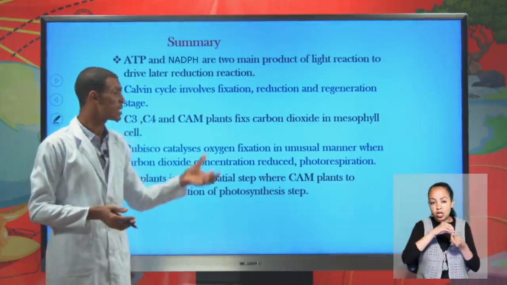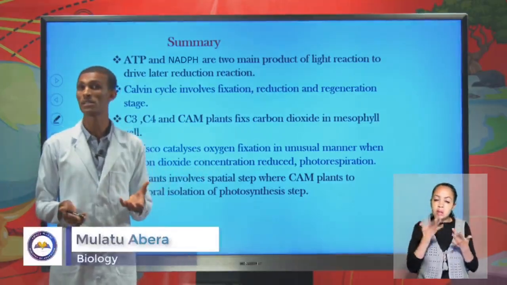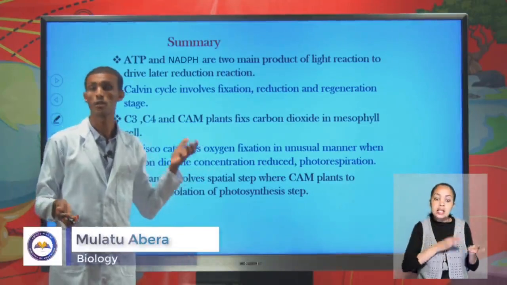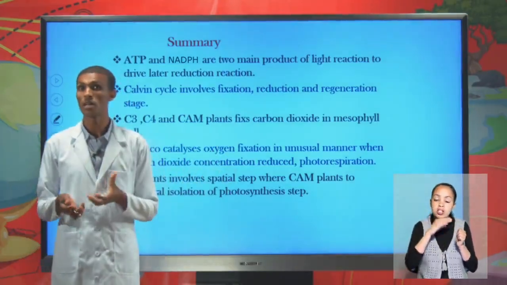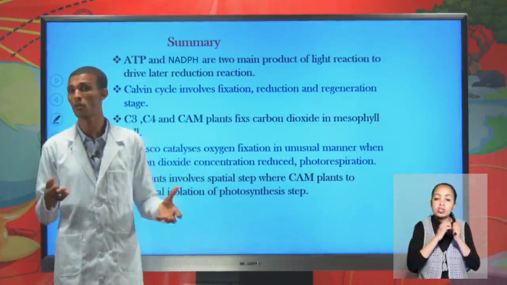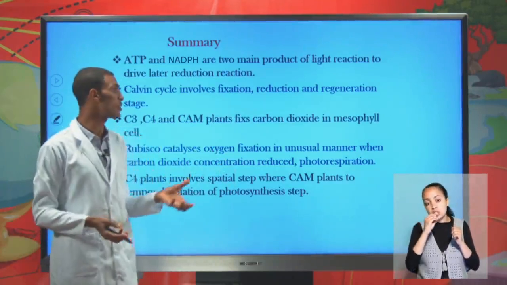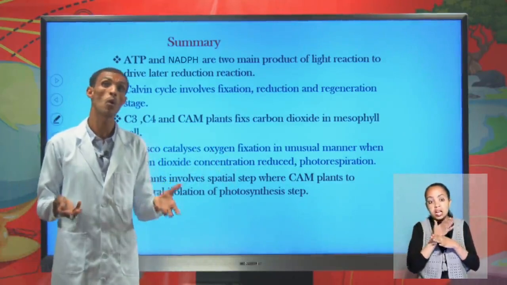Additionally, C3 plants may experience a system by which Rubisco can catalyze both oxygenase and carboxylase reactions, reacting with oxygen and carbon dioxide respectively, when the condition in the leaf becomes hot.